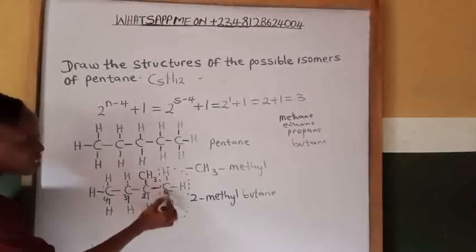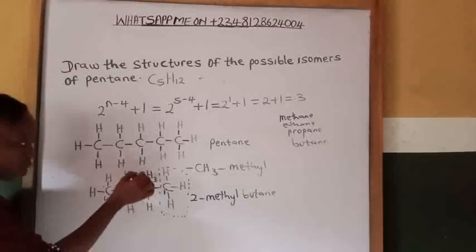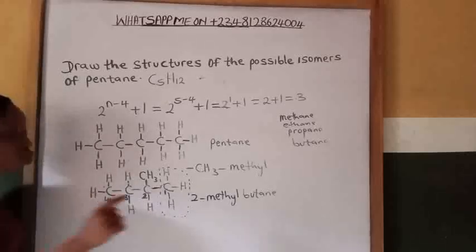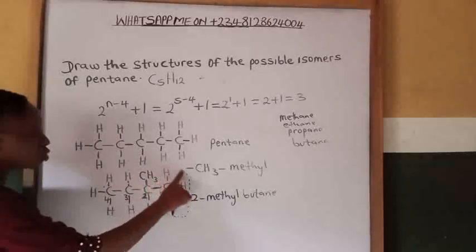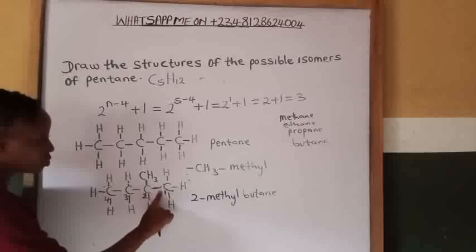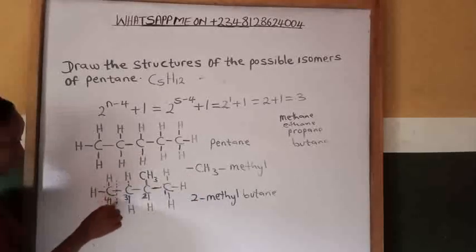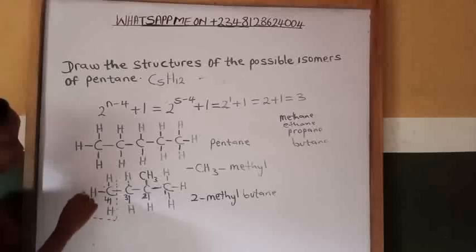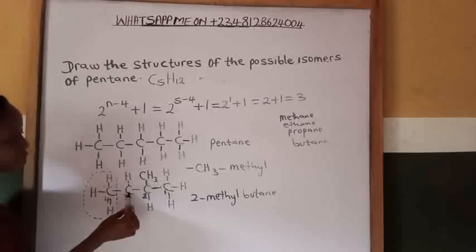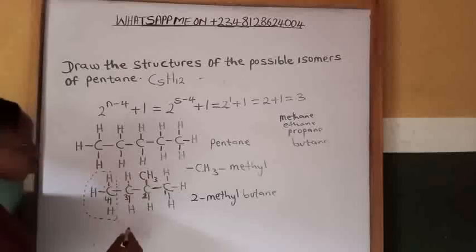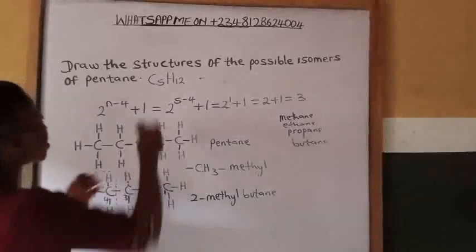So I'm not going to remove from this side, which is not possible. I'm going to remove from this side. If I remove this CH3, I will be left with 1, 2, 3, 3 carbon atoms. So the next possible isomer.